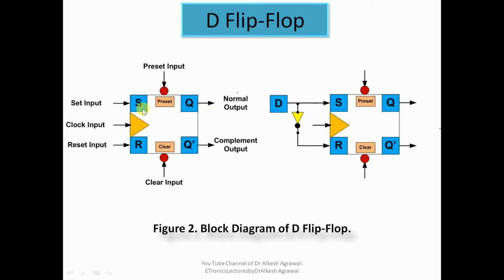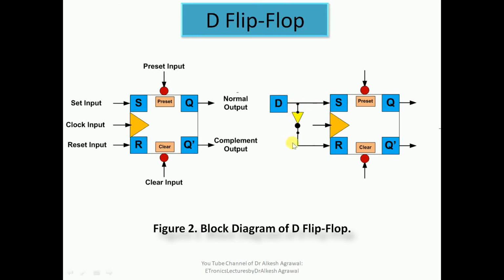Here you can see the set and reset, or SR flip flop, and here the set and reset inputs are being shorted through this inverter. Why are we using an inverter? Because in SR flip flop the condition S equal to 1 and R equal to 1 simultaneously is not permitted.